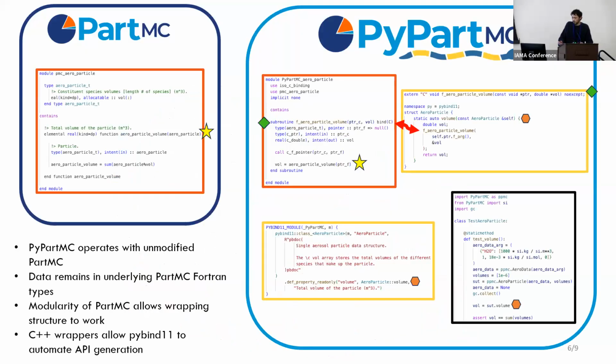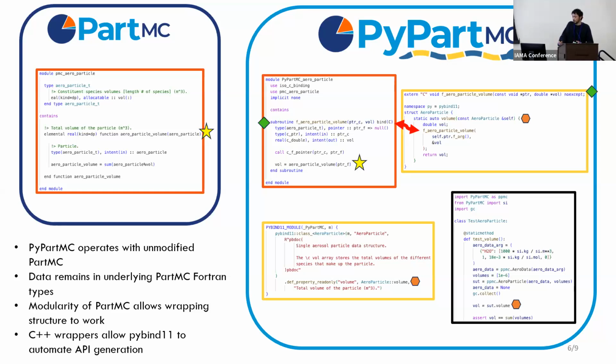So now I'll get into some of the more technical details behind the development process here by going through a little example of what a typical development workflow would look like. On the left-hand side of the screen, we have this box that represents PartMC, and within that box, we have this single Fortran file that contains the definition of a derived type that represents a single computational particle in a PartMC simulation.